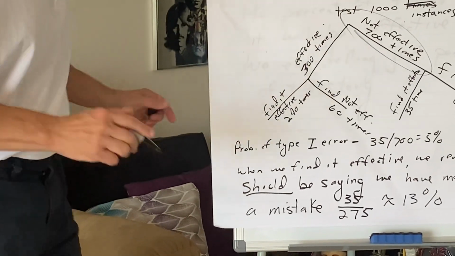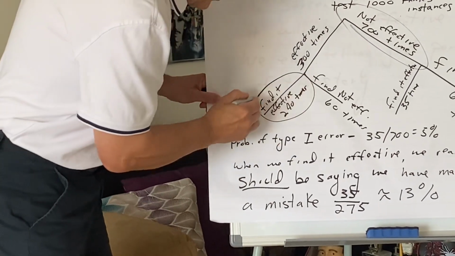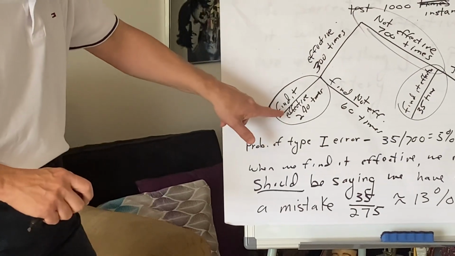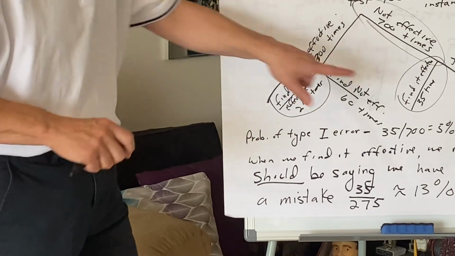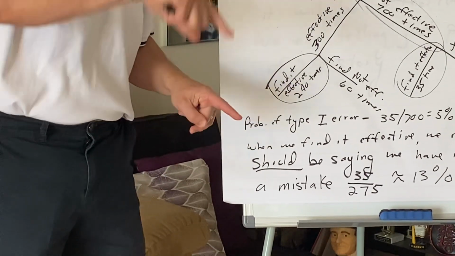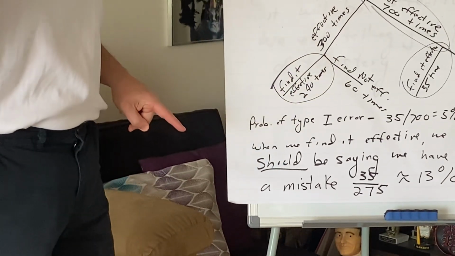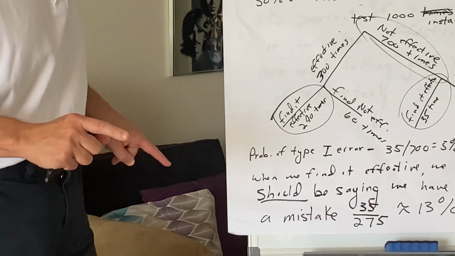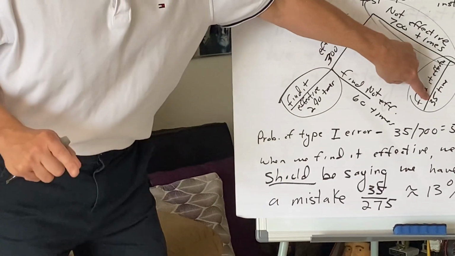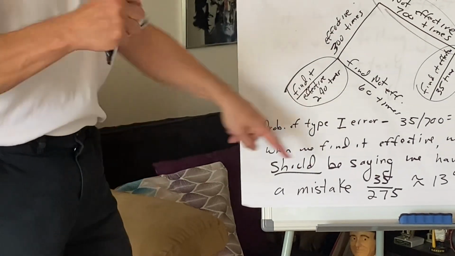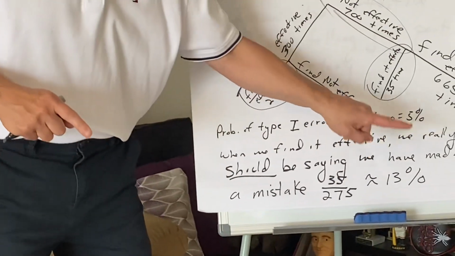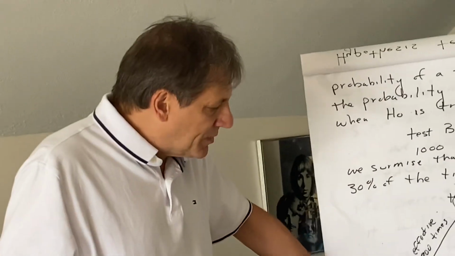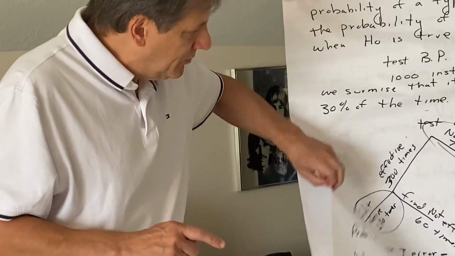The denominator is now this plus this. When we find it effective, we found it effective 240 times here, 35 times here, a total of 275 times. We found it effective 275 times. We made a mistake 35 of those times. What's 35 divided by 275? It's approximately 13% of the time.